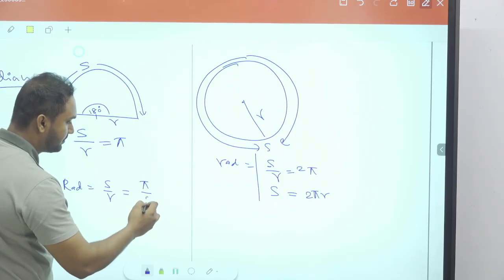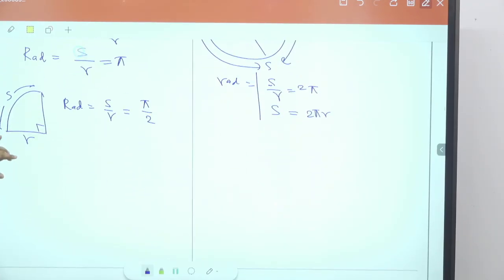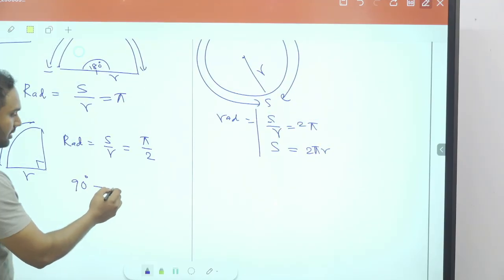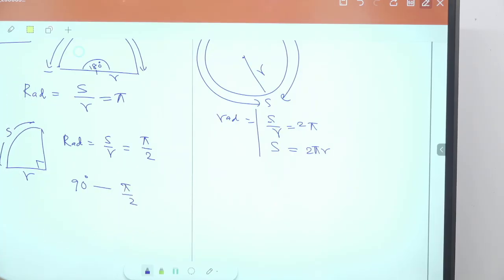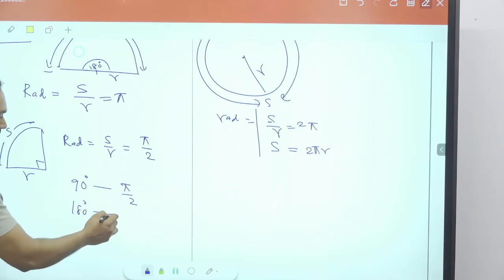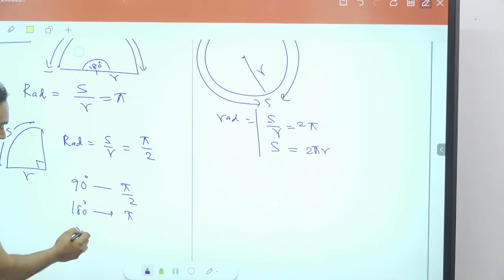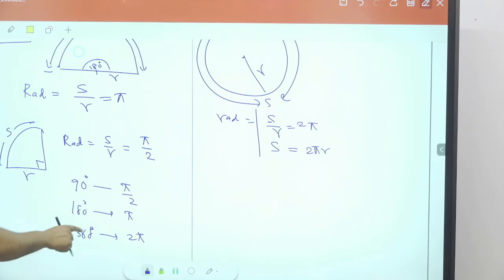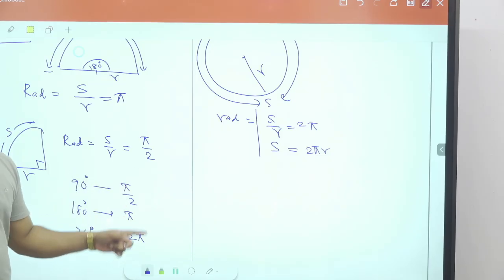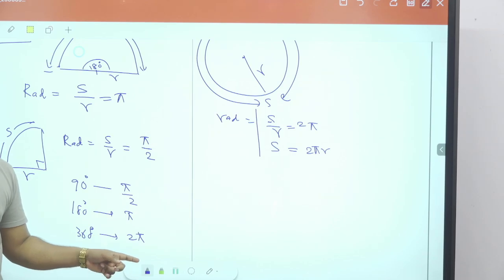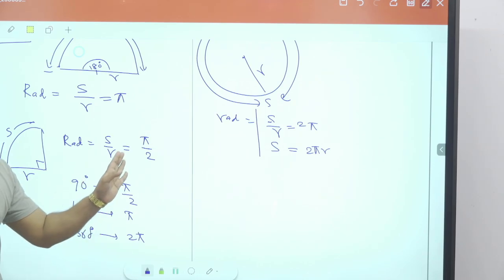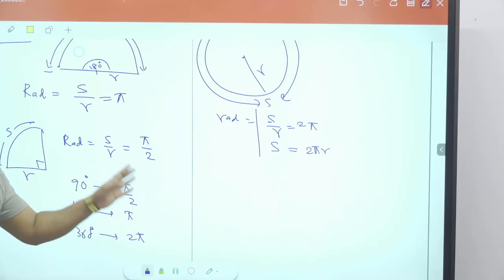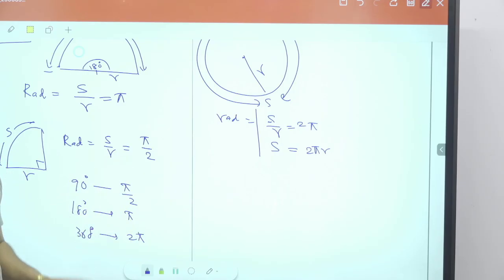If I put the values in order, 90 degrees is pi over 2, 180 degrees is pi, and 360 degrees is 2 pi. Do you see something? The degrees are proportional to the pi values, the radian values. It's increasing and decreasing proportionally, right?